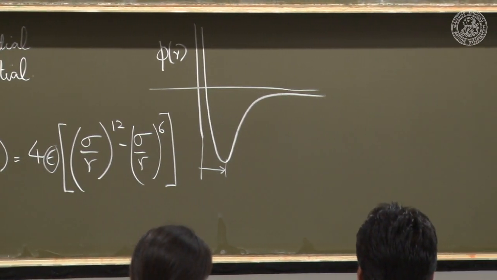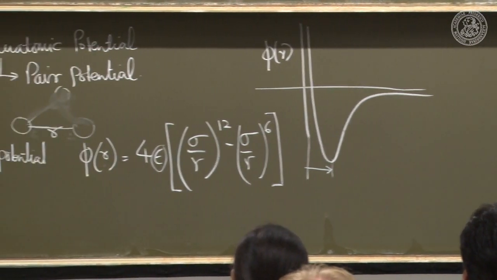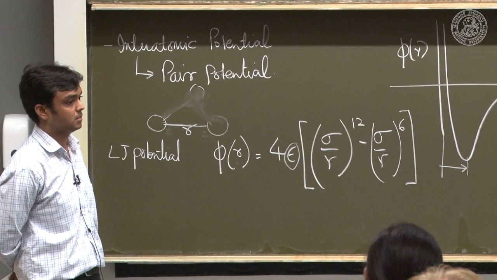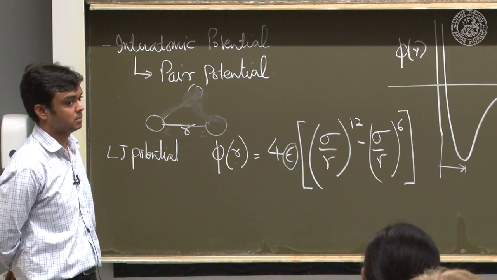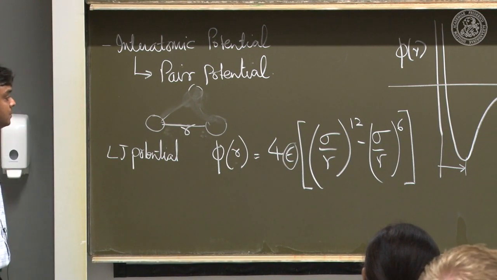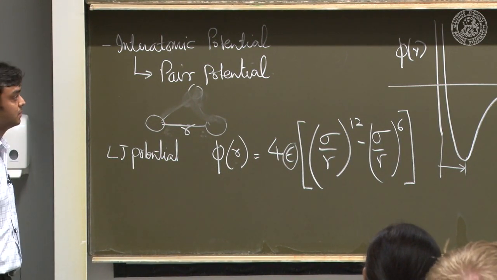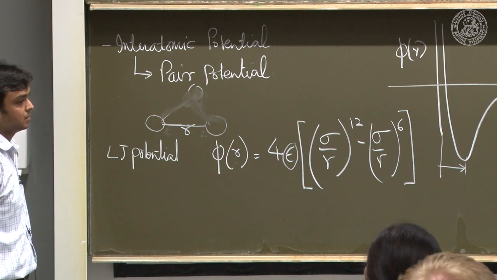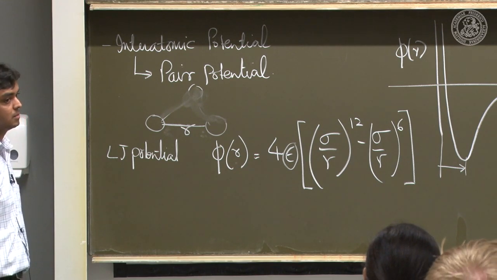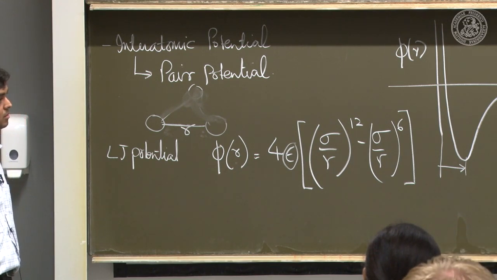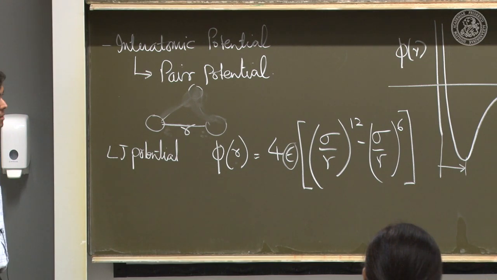If R is sigma, the potential is 0, so that gives you the distance at which the potential is 0. That's the point where it crosses the horizontal axis.